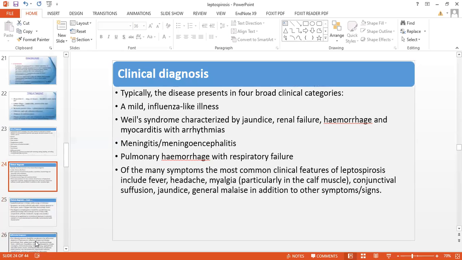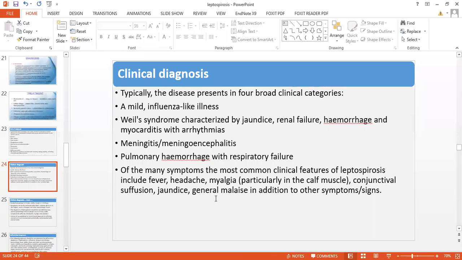Clinical diagnosis: typically the disease presents in four forms. Firstly, it may be mild influenza-like or flu-like symptoms, or the other presentation may be Weil's syndrome, characterized by jaundice, renal failure, hemorrhage, and myocarditis with arrhythmias, or it may present with meningitis or meningoencephalitis, or lastly, pulmonary hemorrhage with respiratory failure.